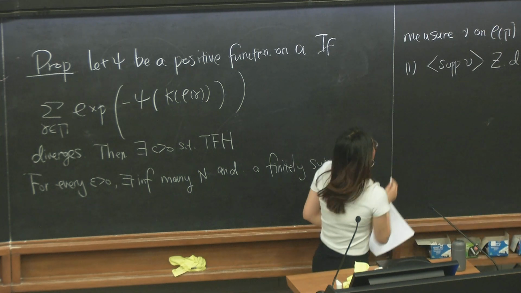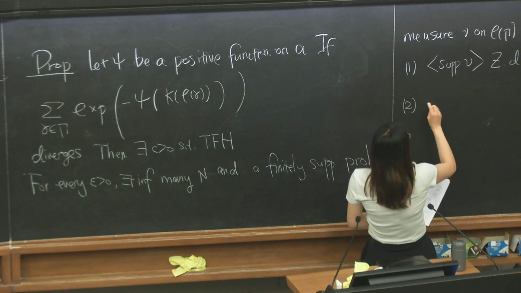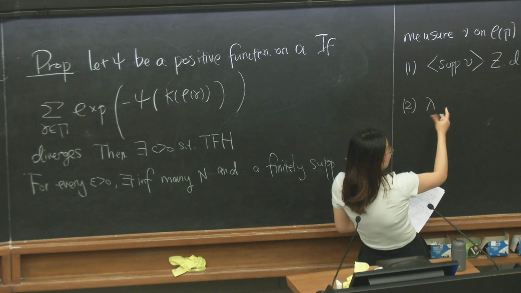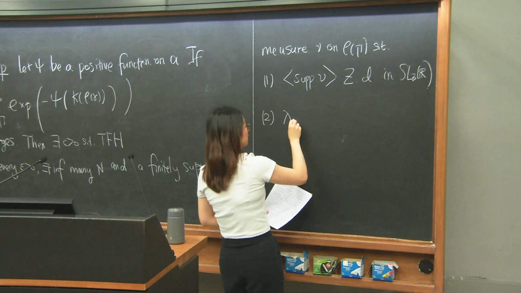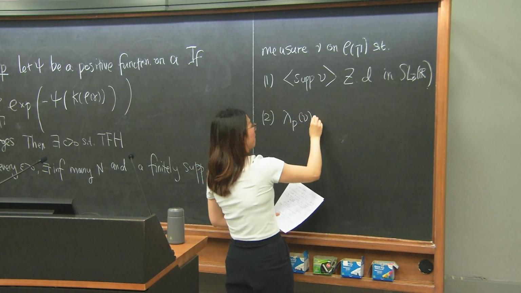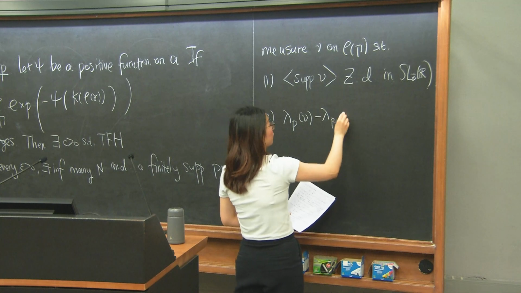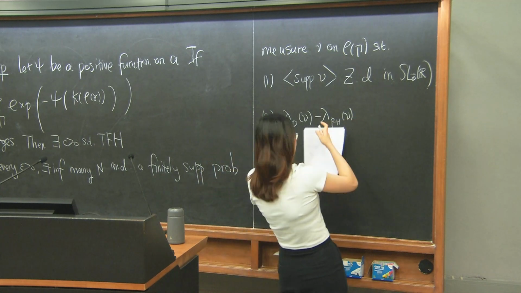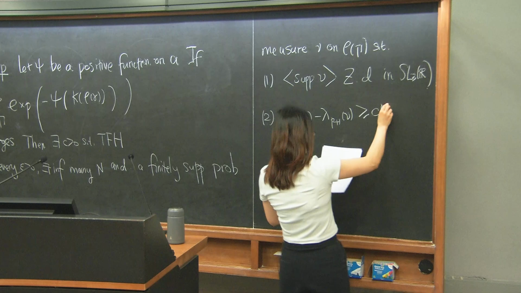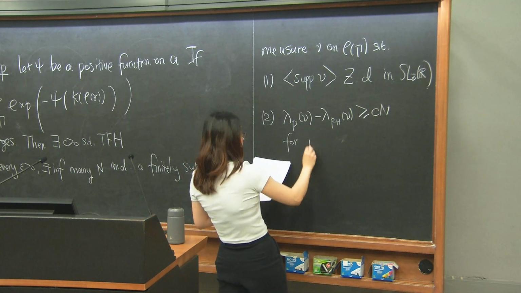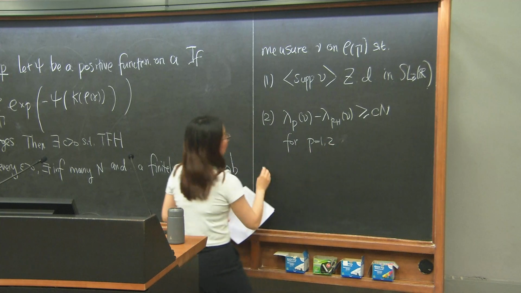Okay. And the second statement is that now I consider the difference of the Lyapunov exponents. So this lambda p of nu minus lambda p plus 1 of nu, its difference is in this scale, say Cn, for p in 1 and 2.